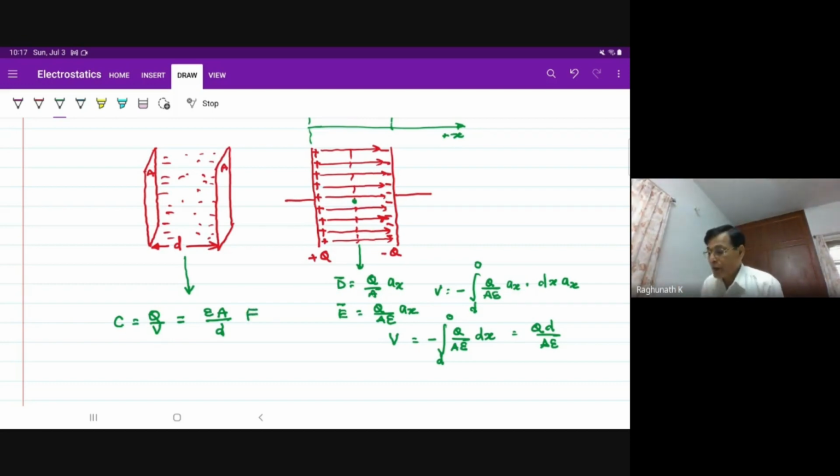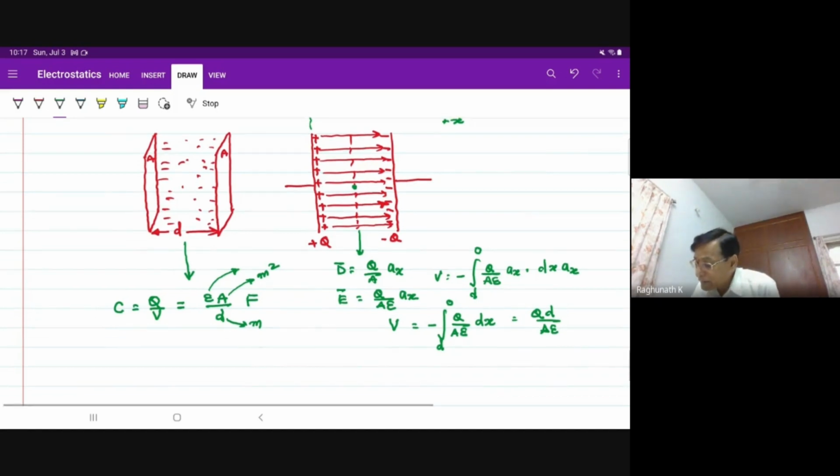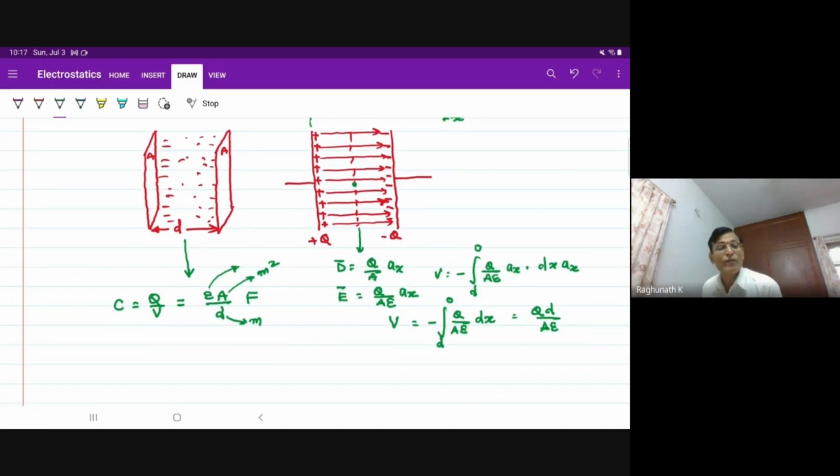If epsilon has the unit of farad per meter, A in meter squared, and D in meter, Q by V will have the unit of farad. Actually, farad, when we defined it in the beginning, was coulomb per volt.